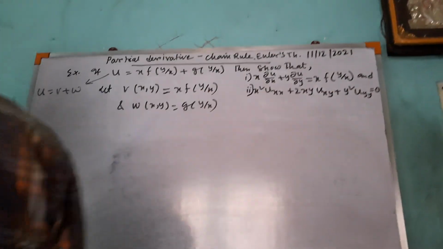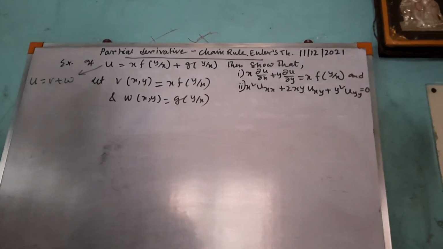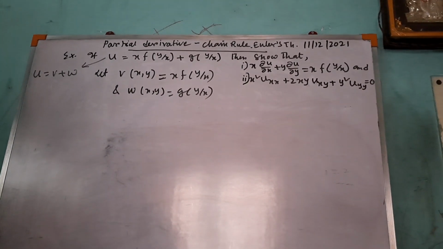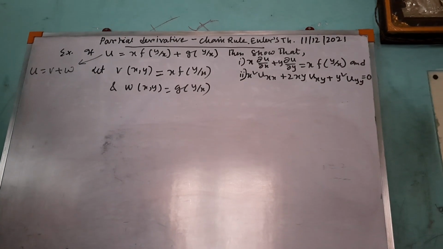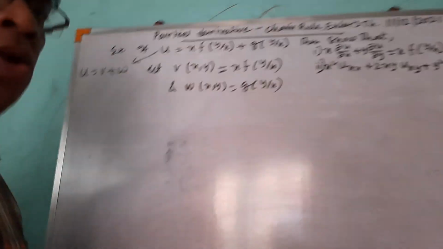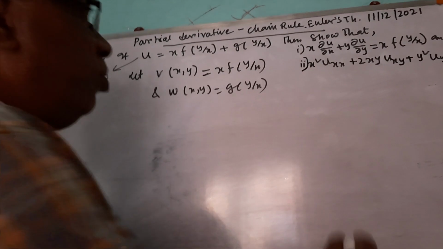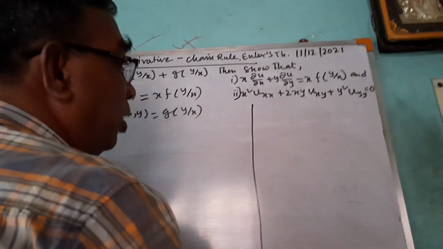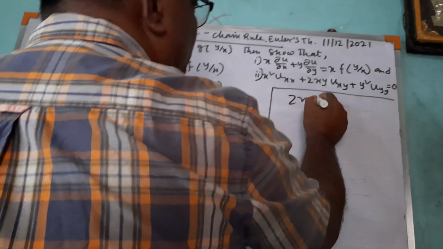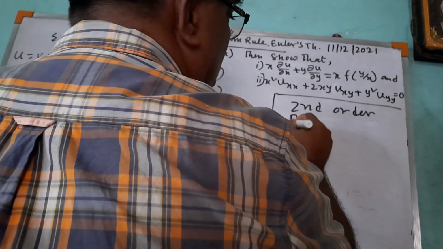Since v and w are homogeneous functions, by second order Euler's theorem. What is second order Euler's theorem? This is what we need over here.